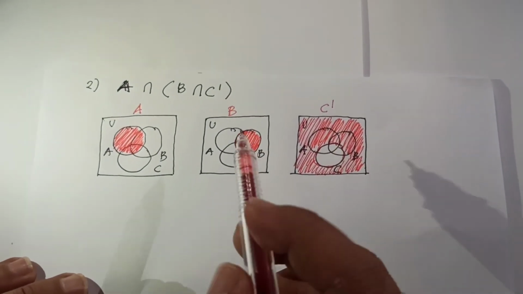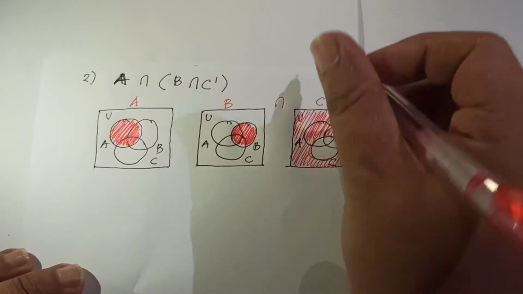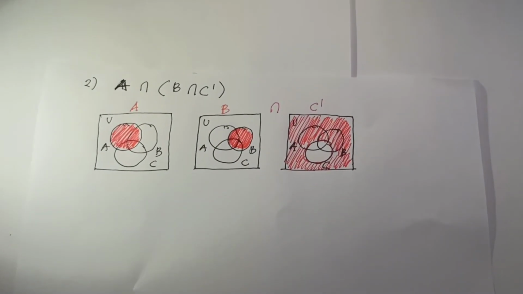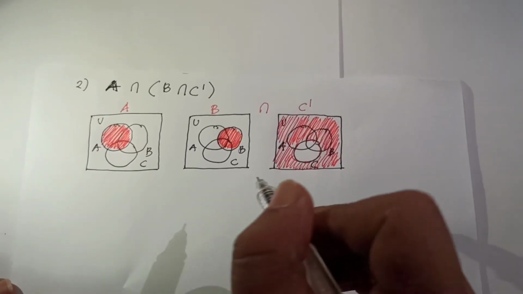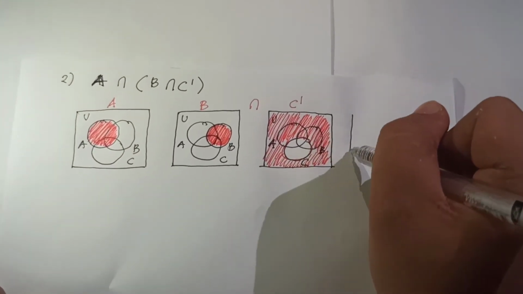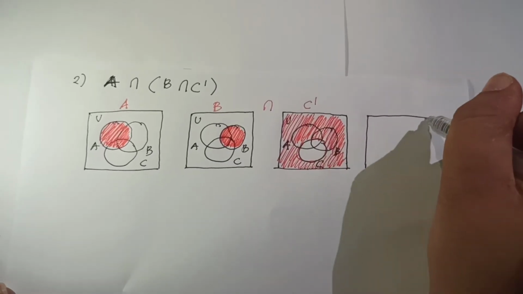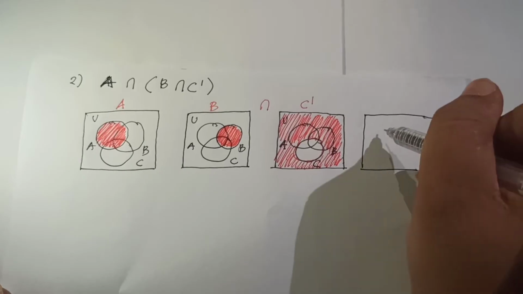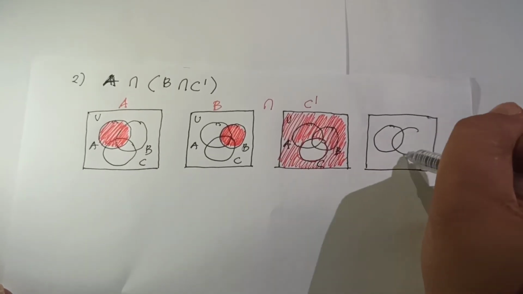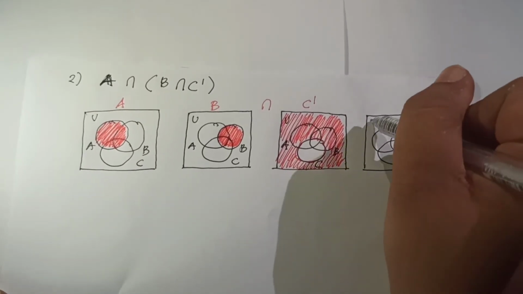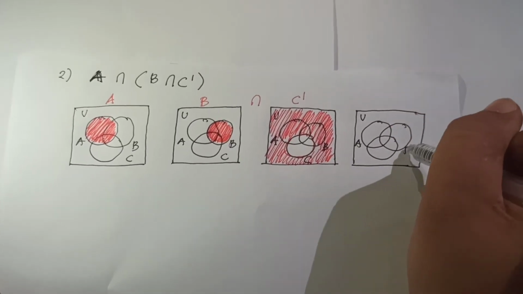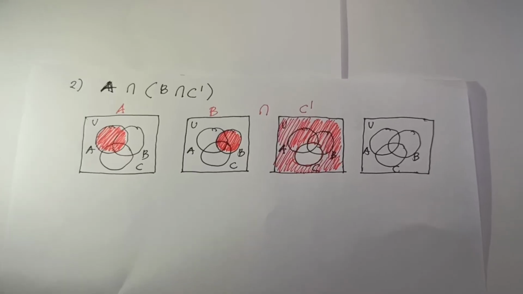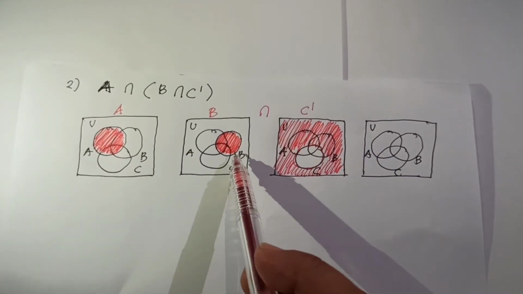Next, we are going to connect first this one. So, B intersection of C prime. Okay, so if we're going to connect, A, B intersection of B, C prime.